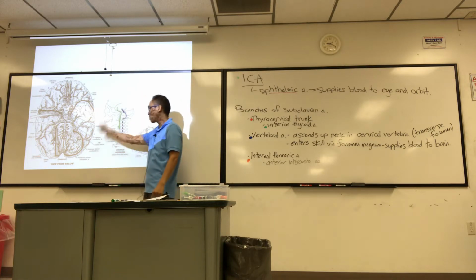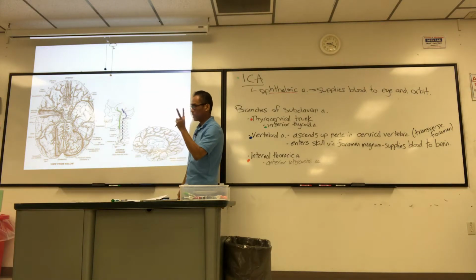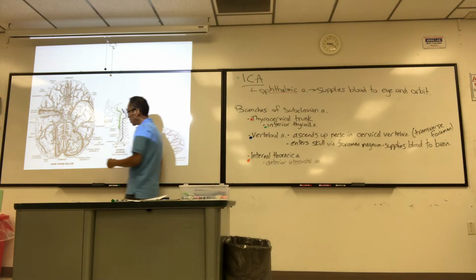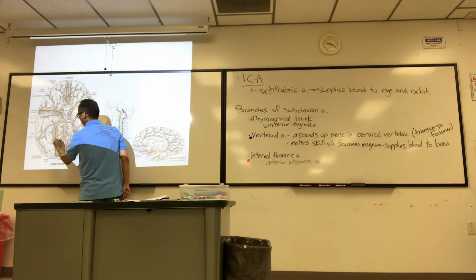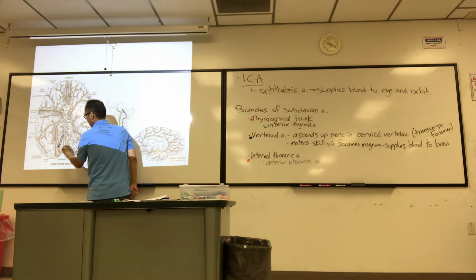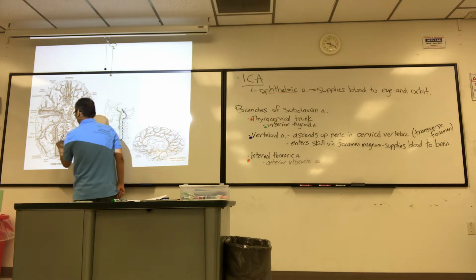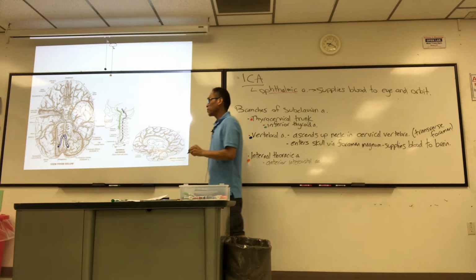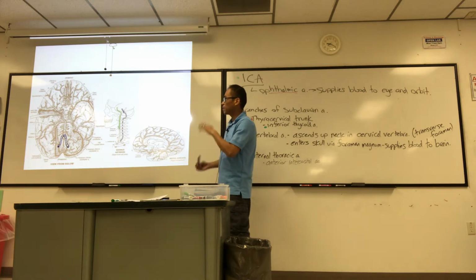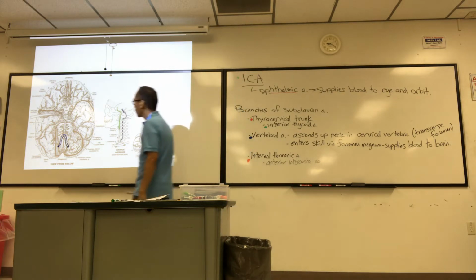If you look at the base of the skull, you have two vertebral arteries, and they're right here. There's one vertebral. This one right there. Here's the other one. Same color, blue. Those merge to form the basilar artery. Well, anyways, the ICA is shown right there.